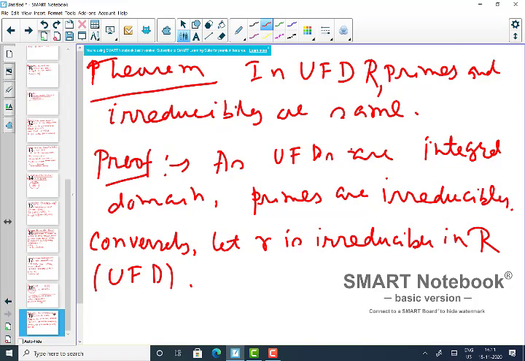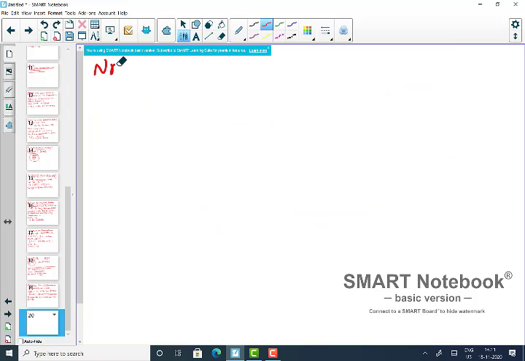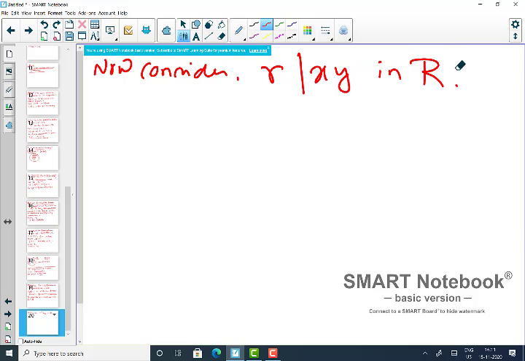Now consider that r divides xy in R. To prove r is a prime element, what do I have to prove?